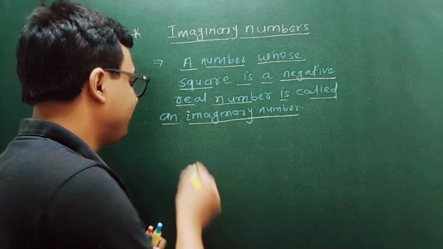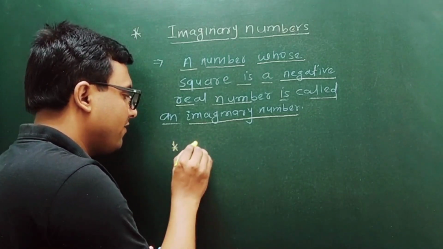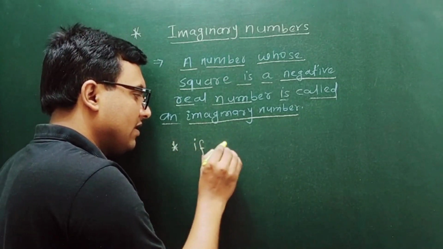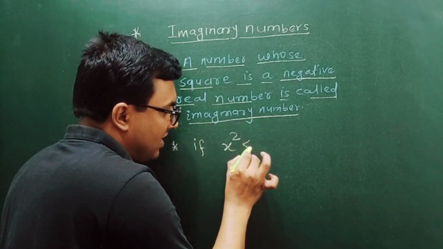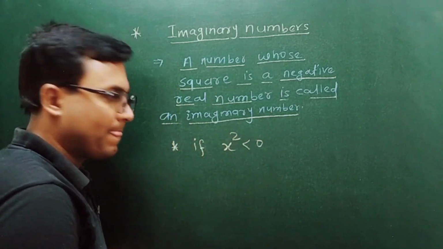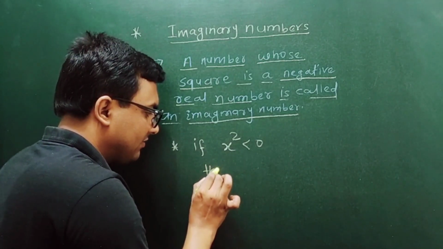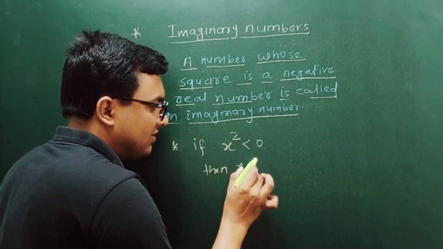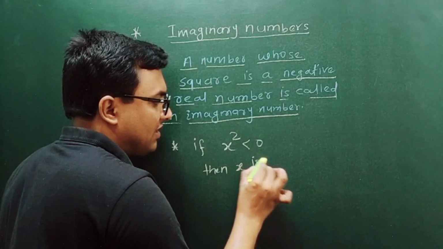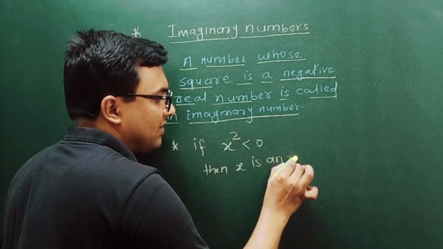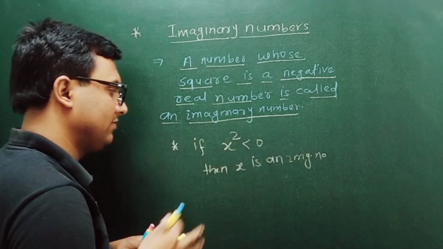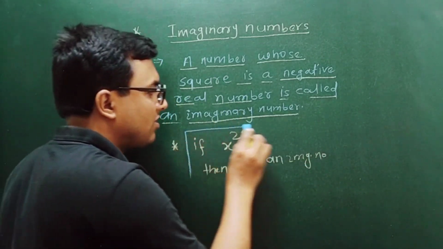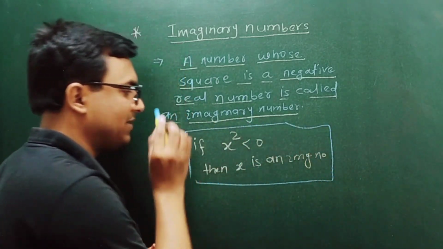These words say that if x square is less than 0, then x is an imaginary number. This is the short definition of an imaginary number.